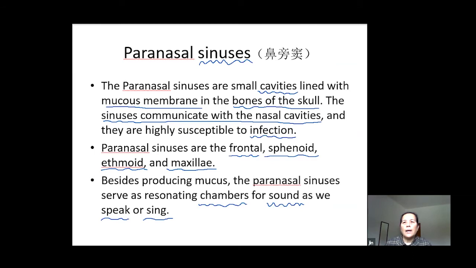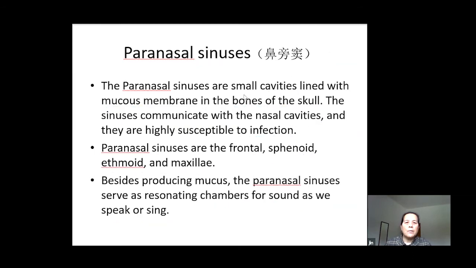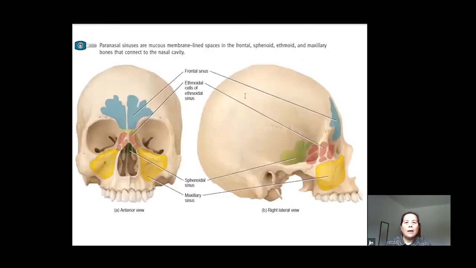Clinically, they may cause some sickness or illness. Because they open to the nose cavity, when the nose has infections, they will easily get infected there. So that's the picture showing us 4 pairs of sinuses.